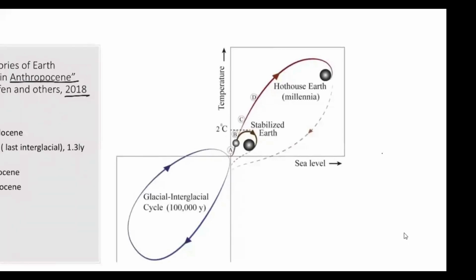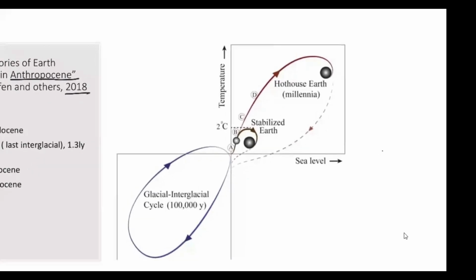It is like this. The glacial interglacial cycle has been completed in 1 lakh years. The last cycle is completed within this temperature range. This is temperature corresponding to sea level.